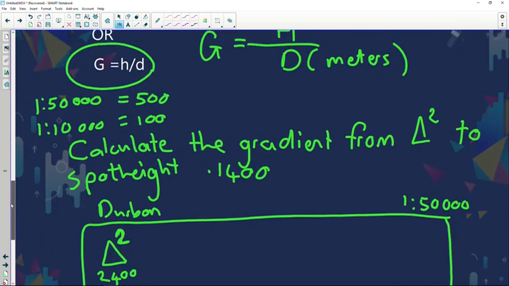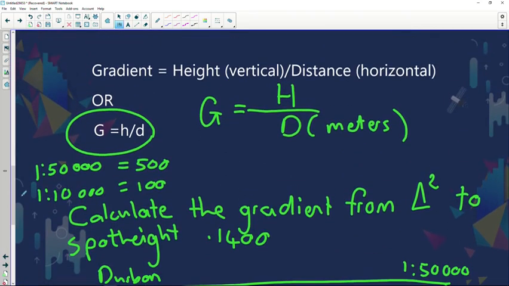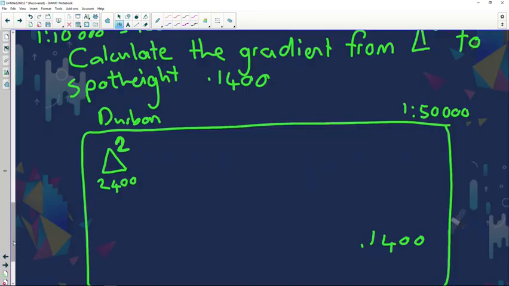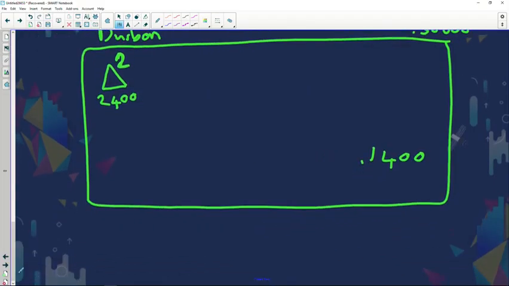Now importantly, go and look at your formula. Gradient equals height over distance. But we need to establish the height difference. So first of all, let's just quickly go and draw a formula in here. Let's use a red pen instead. So already we can establish the height difference.